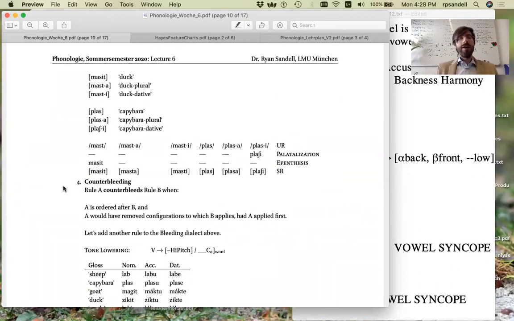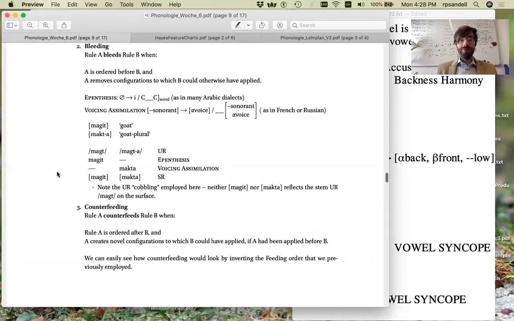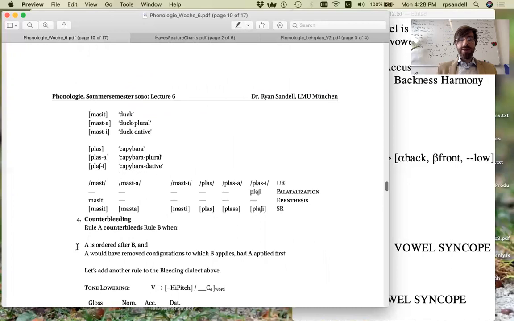The last case, counterbleeding, is simply the opposite of bleeding. In such counterbleeding cases, Rule A is ordered after Rule B, and Rule A would have removed configurations to which Rule B can apply if A had applied first.